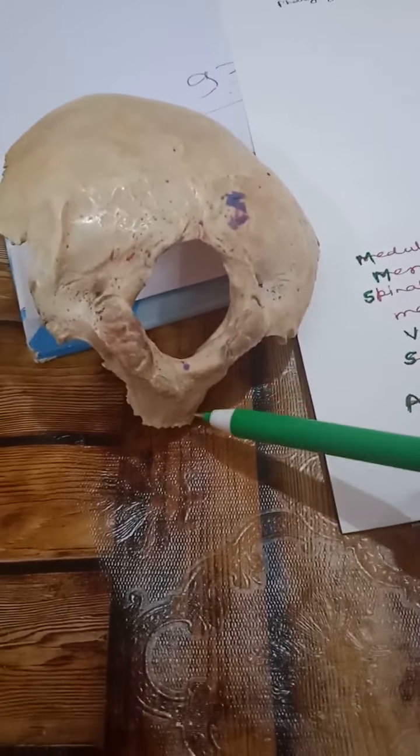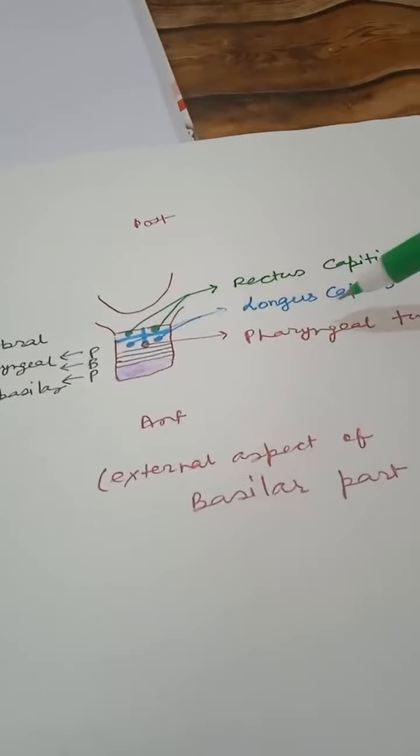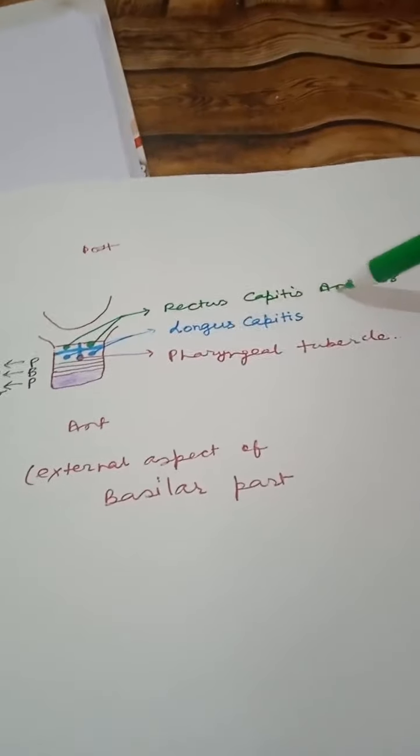So this cubical part, the basilar part, we are dealing with its inferior surface, and it is like a cube. Anteriorly here lies one ladka, that is L, RCA.